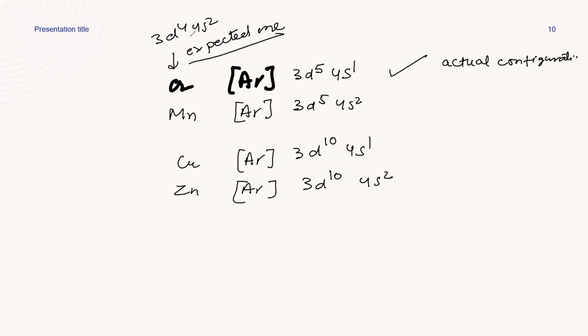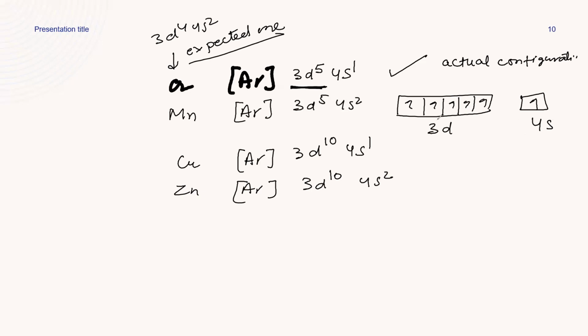Any idea? Okay. So this is attributed to the fact that half-filled and completely filled electronic configurations have lower energy and therefore extra stability. If you see the chromium case, d is half filled. Draw the d structure: 1, 2, 3, 4, 5. And 4s is also half filled. Correct?